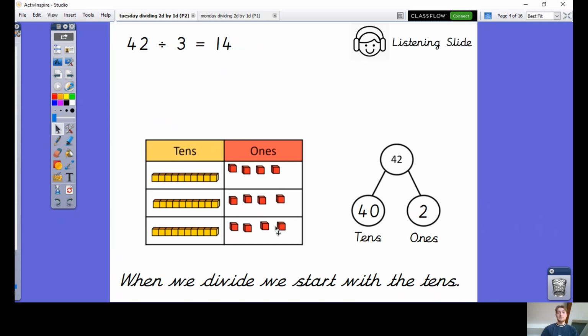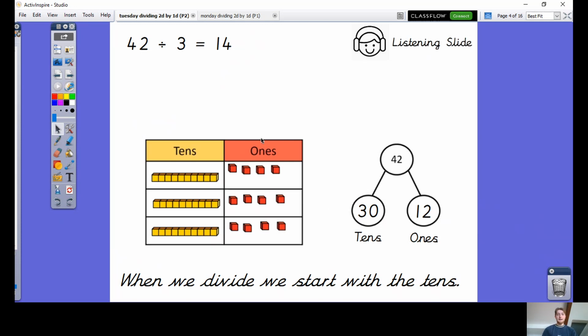We firstly had 4 tens and 2 ones, but I had to exchange 1 ten for 10 ones, so it would look like this after we've done that. You can see we have 30, which is 3 tens, and then we have 12 ones. Don't get mistaken, we don't have 30 tens, we have 3 tens, which is the same as 30.